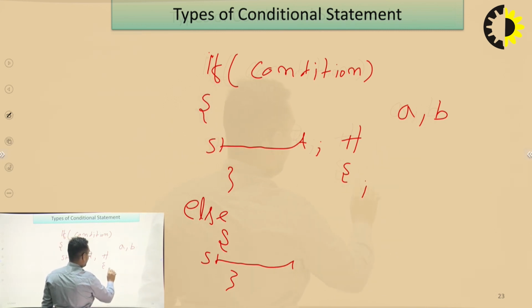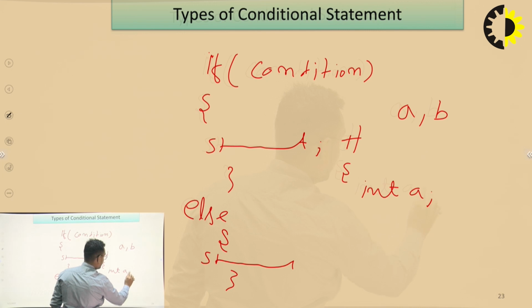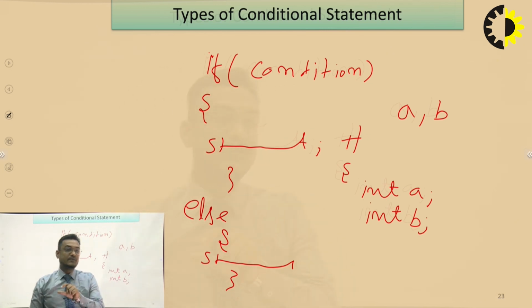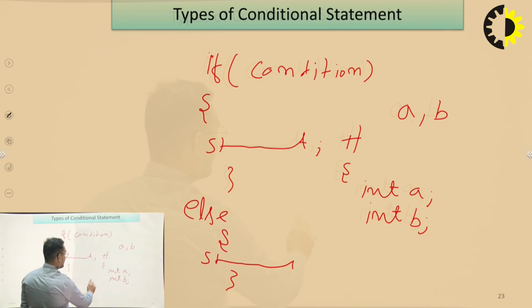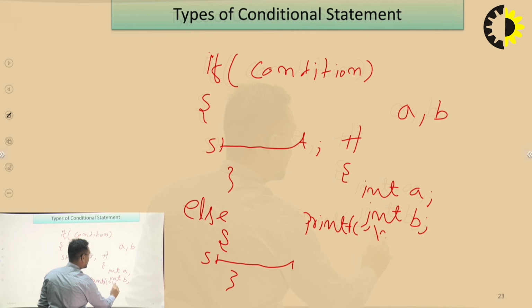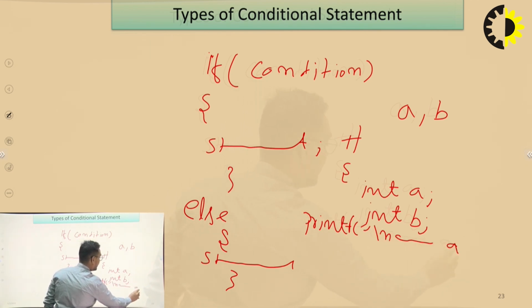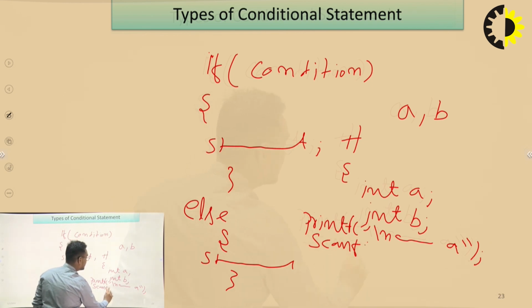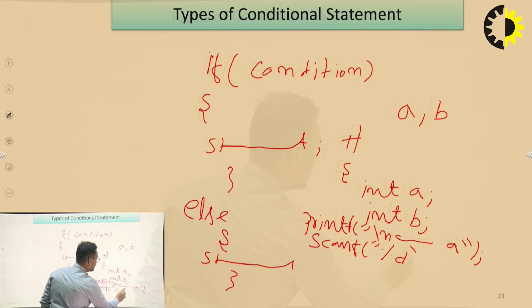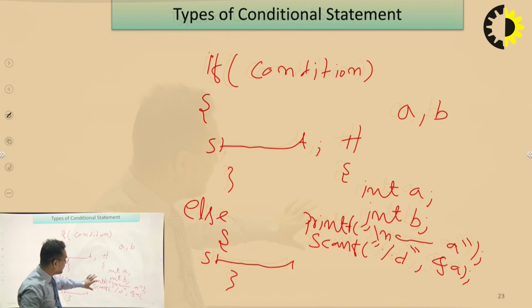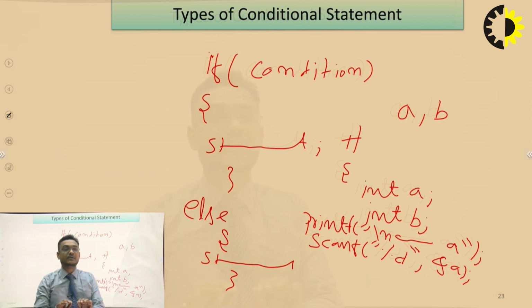Two variables: int A first, and second int B. Now assign the values of A and B. printf double quote \n enter first number A. Now write the scanf function: scanf %d double quote close, ampersand sign A. With the help of this statement, you easily enter the value of A.